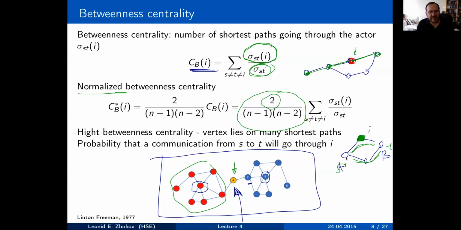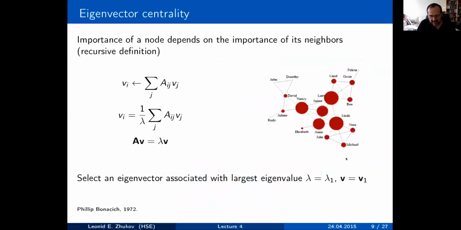One other idea that proves to be very fruitful is the following: to connect the centrality or the importance of a node to the importance of its neighbors.